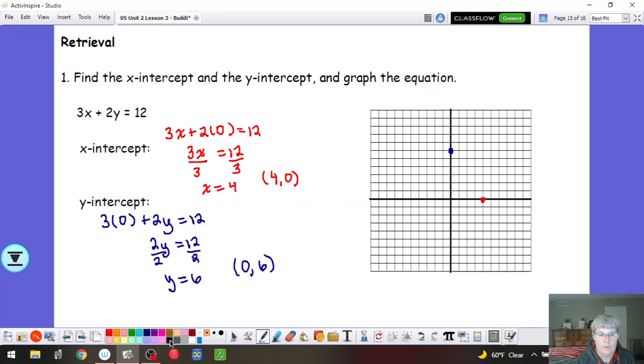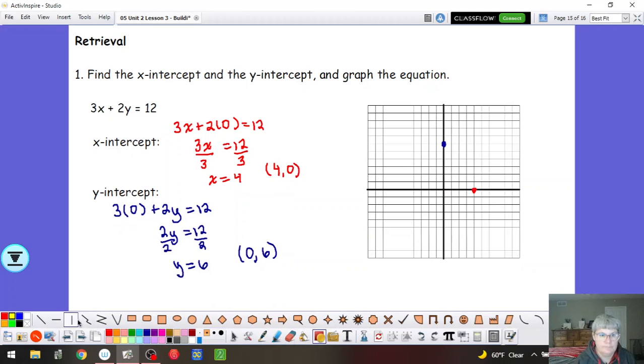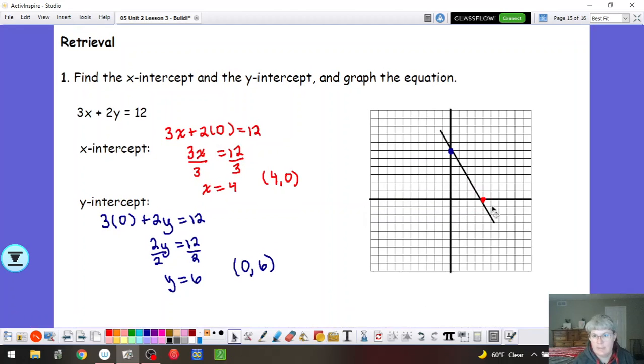And then we can graph our line through those points. Let's see, looks like I need to adjust it just slightly. There we go. And there's our line.